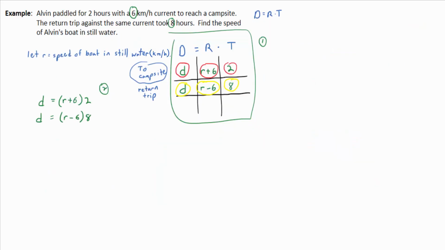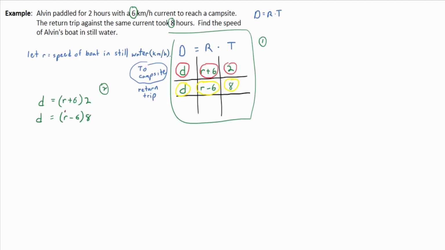So let's go back and solve this system of equations. Now, what method do you think would work really well here for solving this system? D, in both of those equations, D has to be the same, right? So can't we use some sort of substitution here? So check it out.